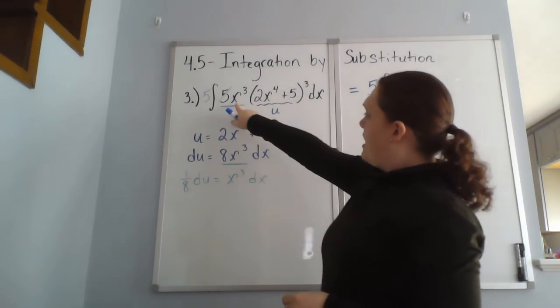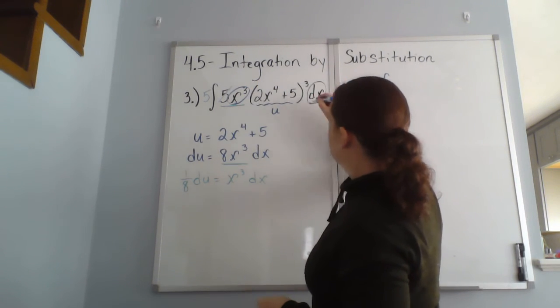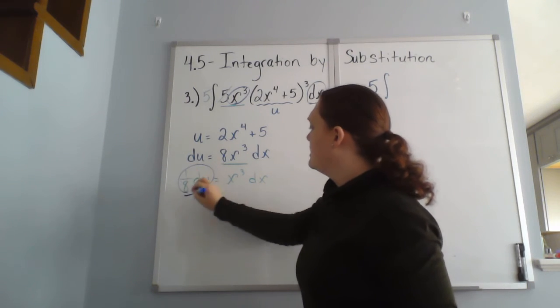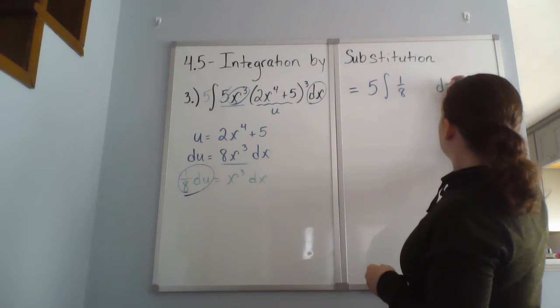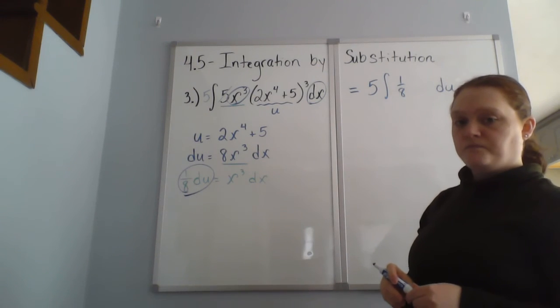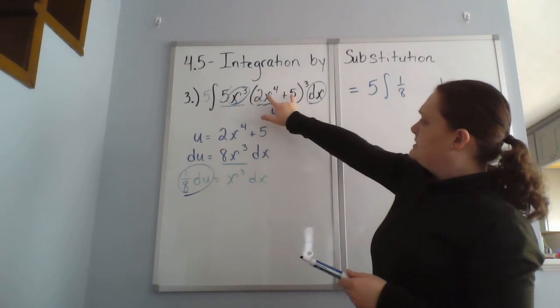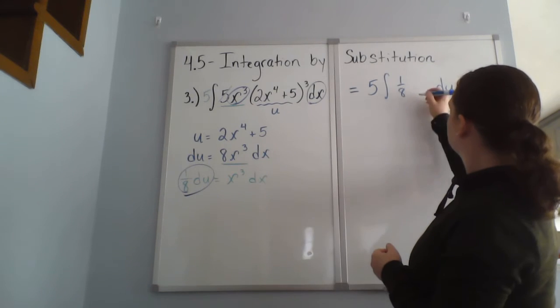Okay, the x cubed dx, right here, x cubed dx is equal to 1/8 of du. So I'm going to have a 1/8 and a du, like that, okay? And then the other part, we said that this inside piece was u, so now I have u to the third power.